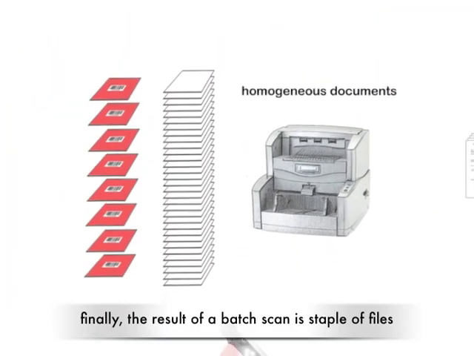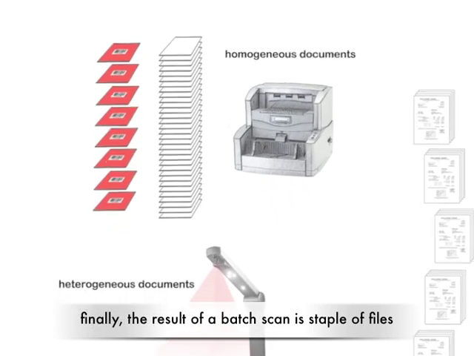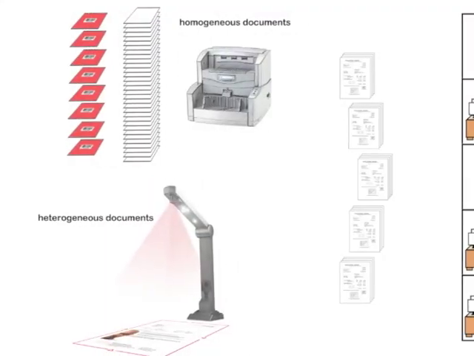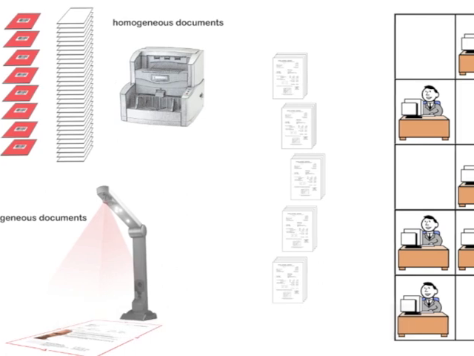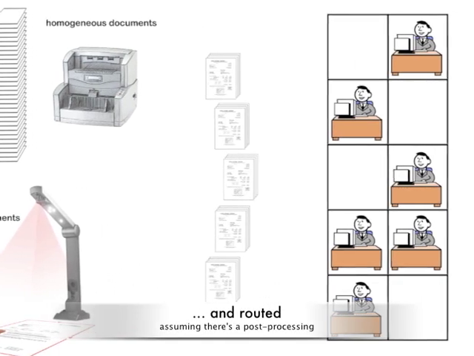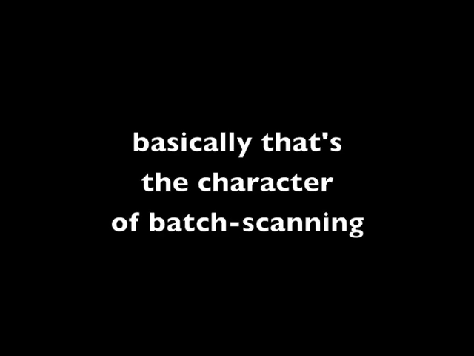No matter which way you scan, the result of a batch scan is a stack of files. These files must be indexed and transferred. Basically, that's the character of batch scanning.